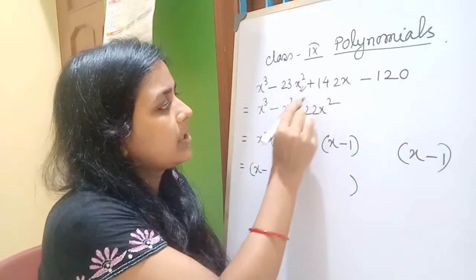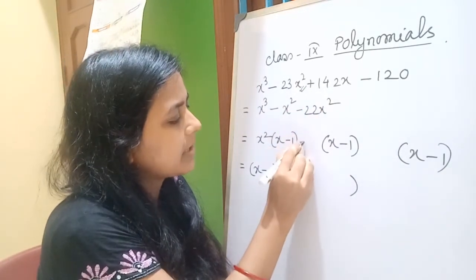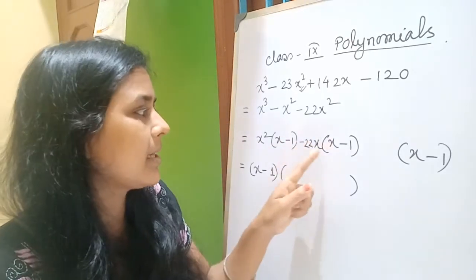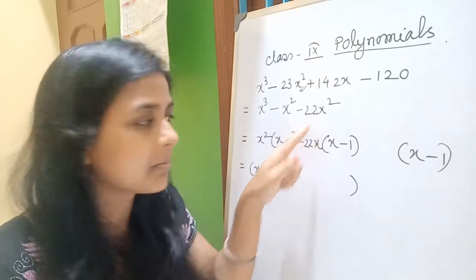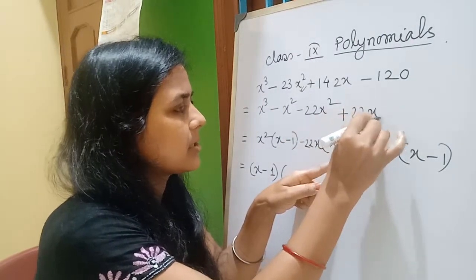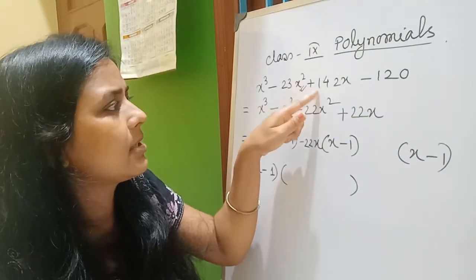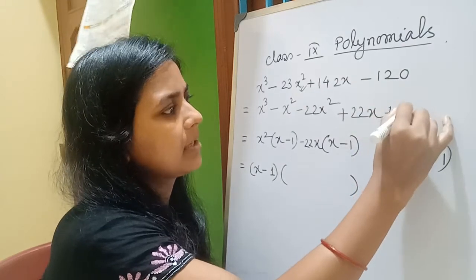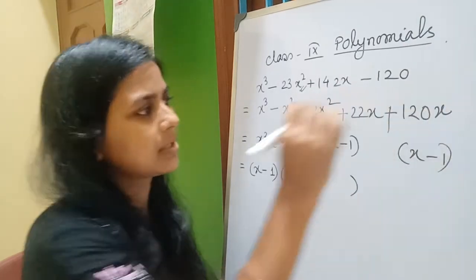Now for minus 22x square, here we can write minus 22x. Then after multiplying we will get this third term. What will be the fourth term? The fourth term will be plus 22x. We need to get plus 142x, so we will add plus 120x.